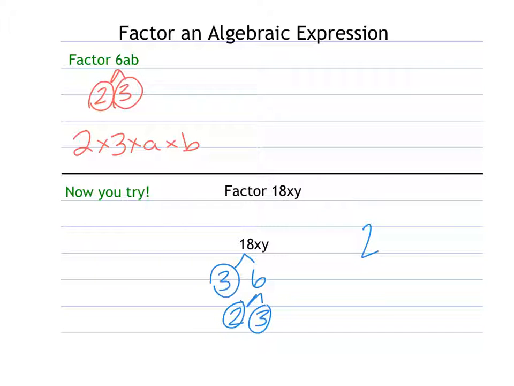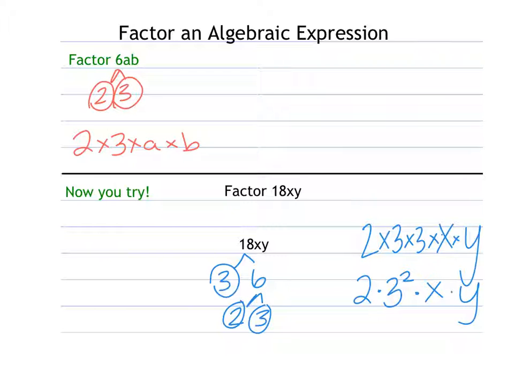So I would have 2 times 3 times 3, and then I have to include times x times y. You could also write it with exponential form, 2 times 3 squared, because there's 2 of them, times x times y. Anytime there's letters on there, ignore them until the end.